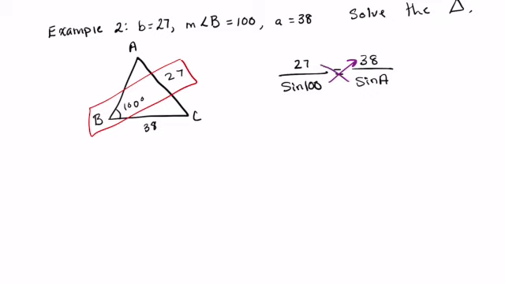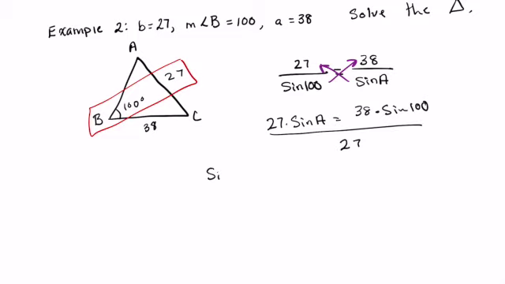Cross multiply. It gives me 27 times the sine of A equals 38 times the sine of 100. Divide everything by 27.